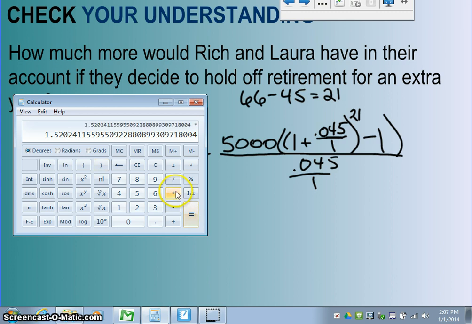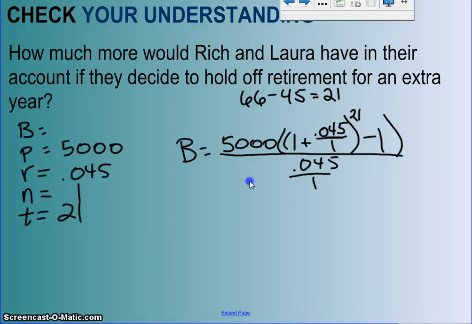Now we're going to multiply it by the 5,000. And then we're going to divide it by, open parenthesis, 0.045 divided by 1. And we end up with $168,915.68. Coming back over to here, we have $168,915.68. Now the only thing is, it didn't say how much will they earn if they stay one more year.